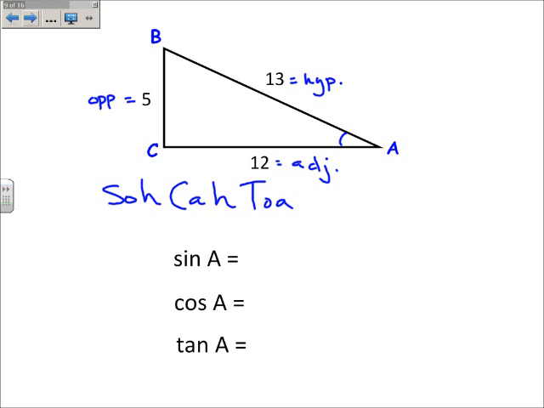So the sine is the opposite over the hypotenuse, 5 over 13. The cosine is the adjacent over the hypotenuse, so it's 12 over 13. And the tangent is the opposite over the adjacent, or 5 over 12. Feel free to leave those as fractions.